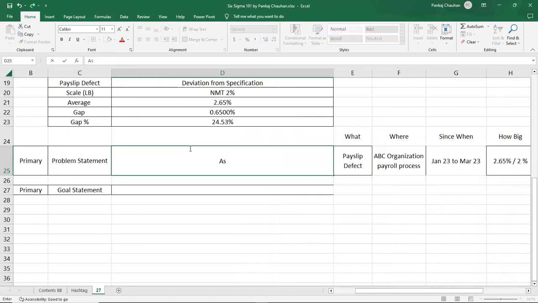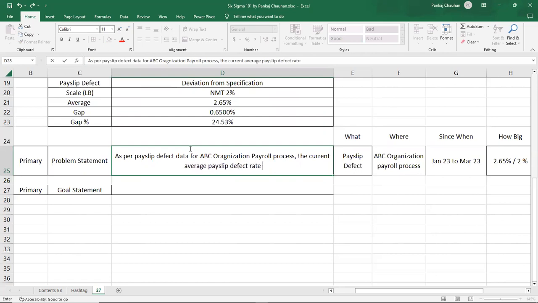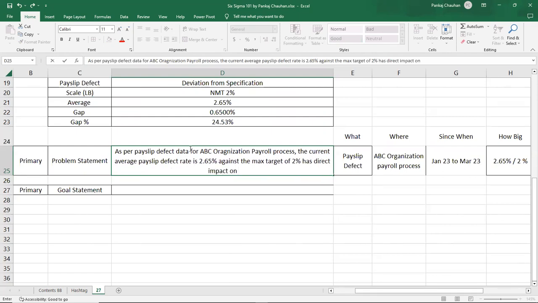So, as per payslip defect data for the ABC organization payroll process, the current average payslip defect rate is 2.65% against the max target of 2%, which has a direct impact on what? Low ESAT score.